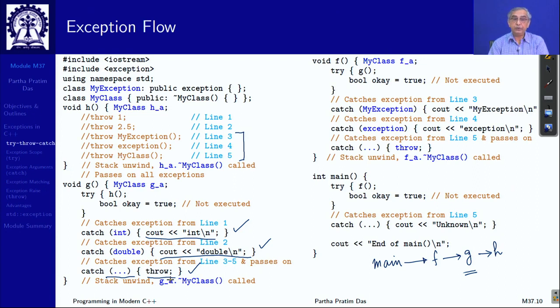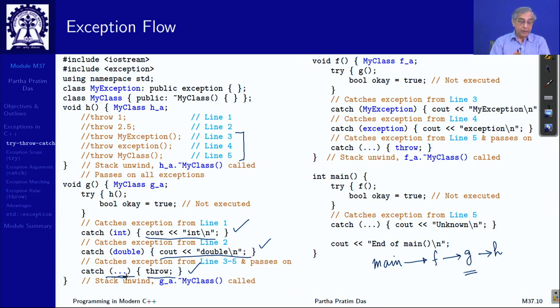It could just rethrow. This is called a rethrow. It just says throw. It does not say anything about the object, because it does not know the object type. It has not resolved the object type. So, whatever object it has got, whatever type it has, that object will be passed on.